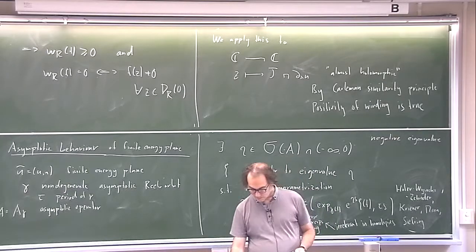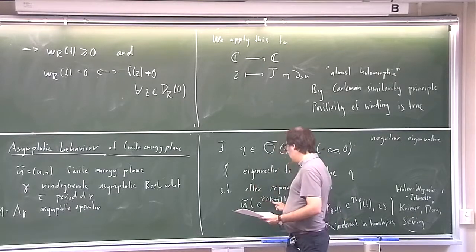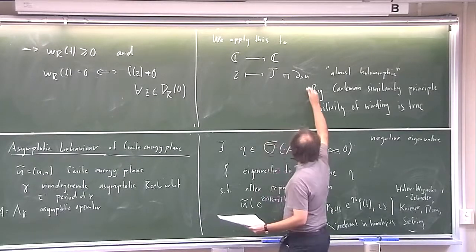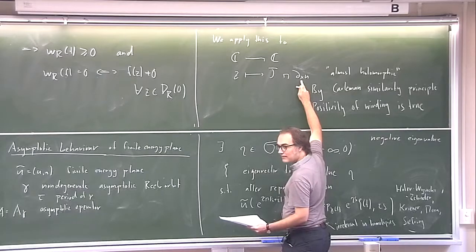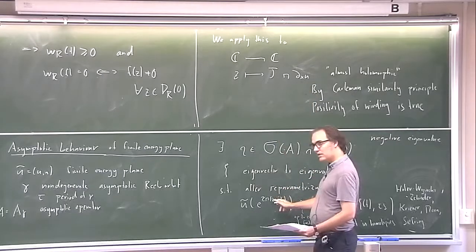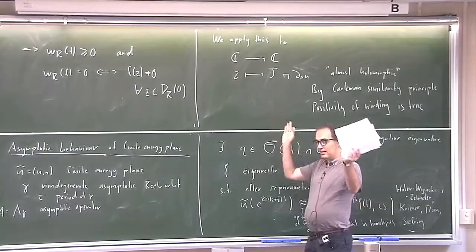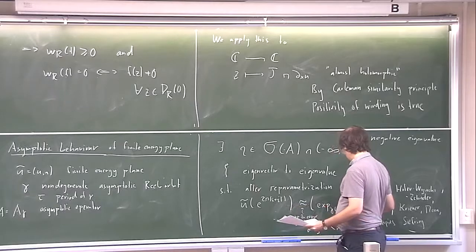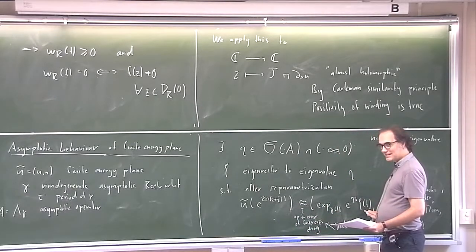Because here we have e to the pi s. Here we have to think a little, because here we look at the partial derivative with respect to x, but if we take the partial derivative with respect to the radial direction, then the winding of this corresponds to the winding of psi.